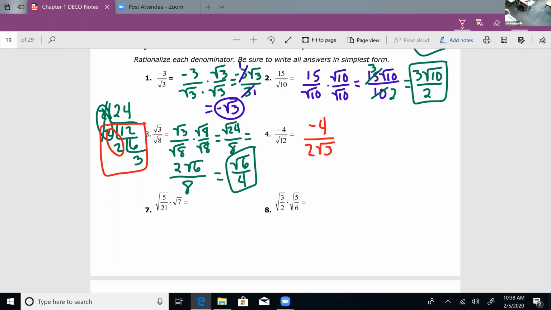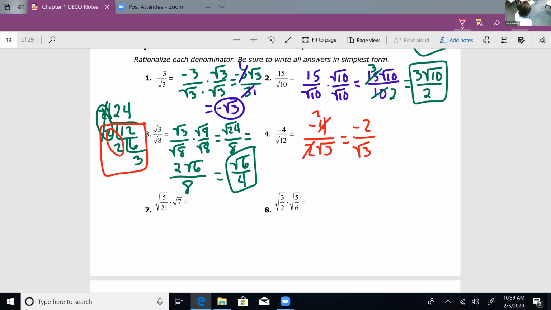Now, remember, numbers in the denominator are not a problem. It's the radical that is. And actually, is there a little more cleanup I could do at this point? What else can I do? I can reduce the 2 and the 4 because 2 goes into both of those evenly, right? So if I reduce this down, I now have a negative 2 over the square root of 3.